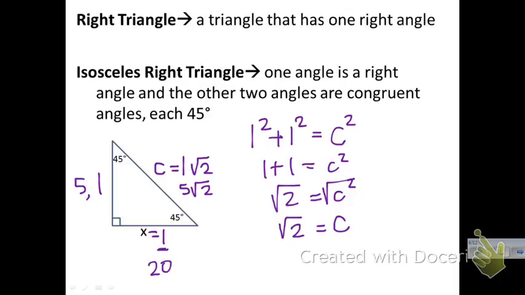Then it would make our other leg 20, and it would make our hypotenuse, whoops, 20 root 2. So we talked about the hypotenuse on a 45-45-90 is always root 2 times bigger than the leg.